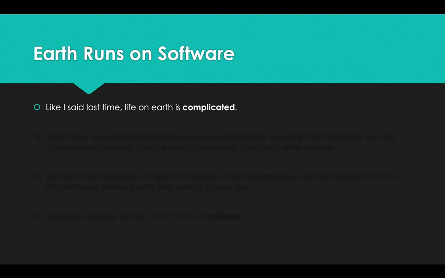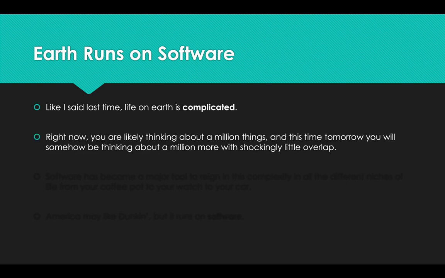One of the essential things we talked about last time is the fact that life on Earth is complicated. It doesn't even really matter if you don't think that your job is complicated. Your job without software would be substantially more complicated than it is with it. Right now, even as a student, you are probably thinking about 2 bajillion things that may or may not directly impact the next 24 hours of your life.